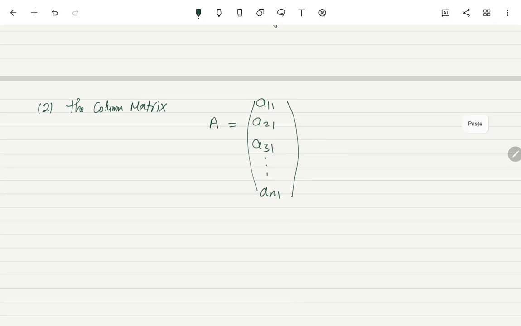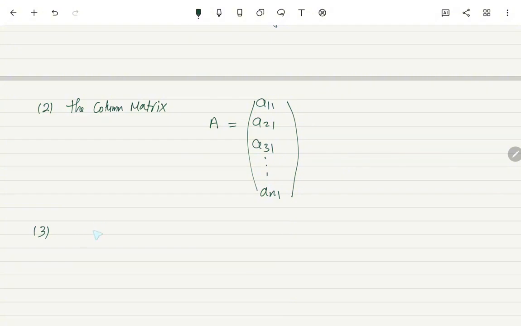We also have the null or zero matrix. From its name, it's a matrix where all elements equal zero.